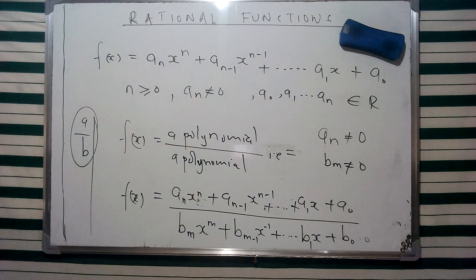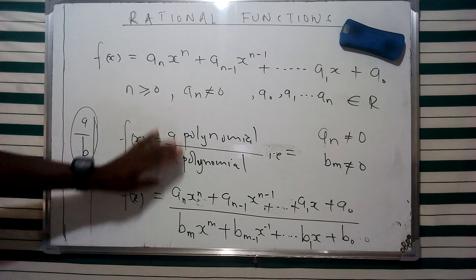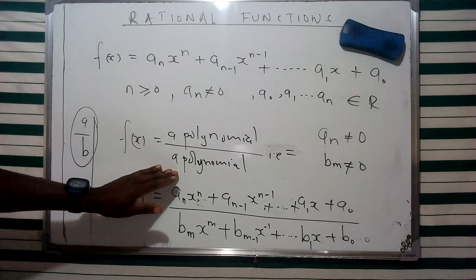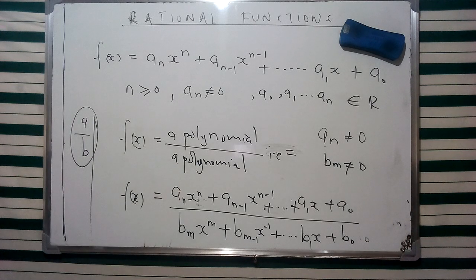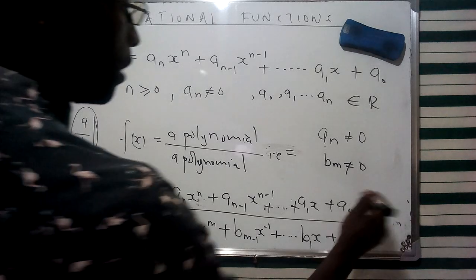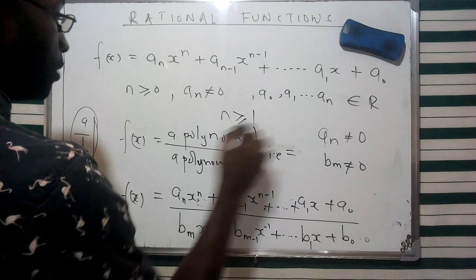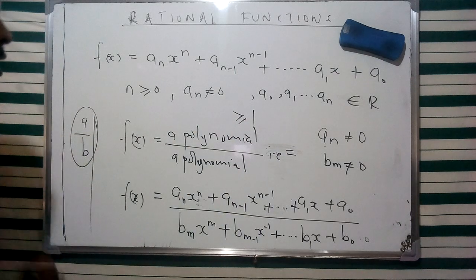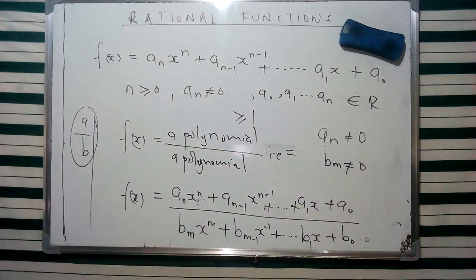And we're going to assume that this set of numbers for the numerator and the denominator do not consist of common factors of degree greater than 1, and this applies for the two conditions given.